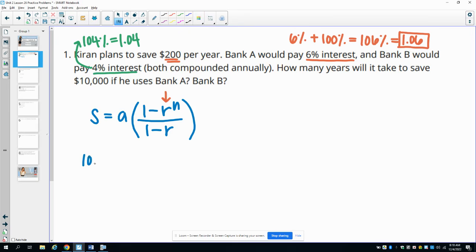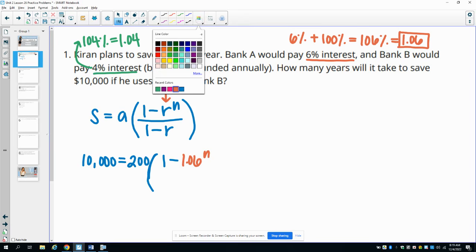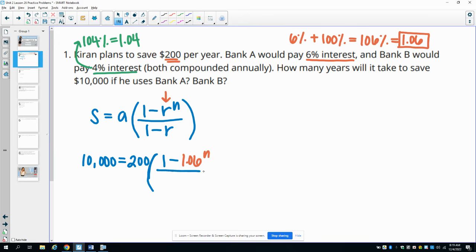So for Bank A, we're saying 10,000 is equal to 200 times 1 minus that growth rate of 1.06 to the n, which is what we're looking for, how many years this will take, over 1 minus 1.06.